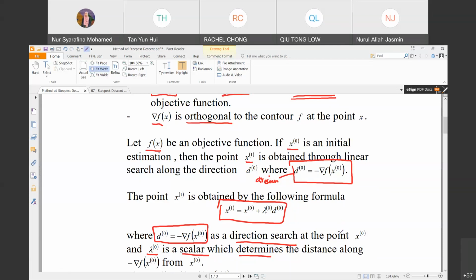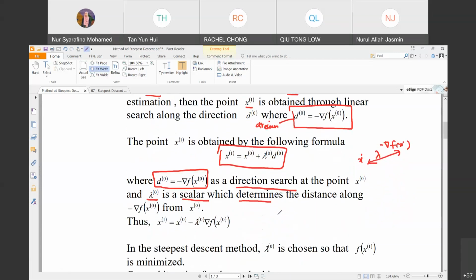So if this is the line of negative del f(x0), and this is x0, the distance along it is given by lambda. Thus, by using this information, x1 equals x naught minus lambda naught del f(x naught), where lambda is a scalar.